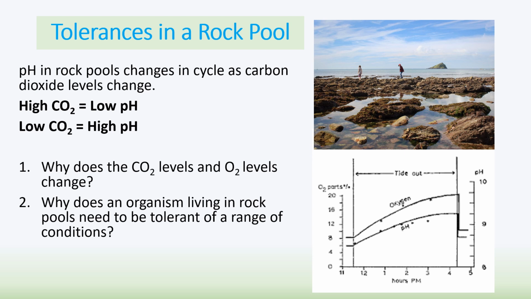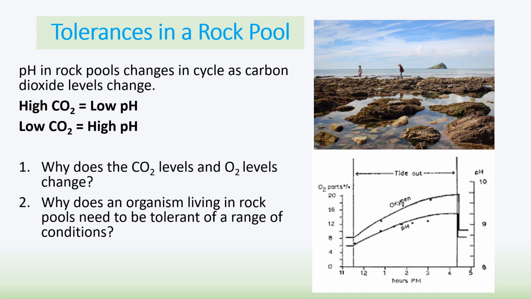If the water is getting more and more carbon dioxide because the carbon dioxide is building due to respiration, then the pH will get lower, more acidic, and the pH will get higher if there is less carbon dioxide.